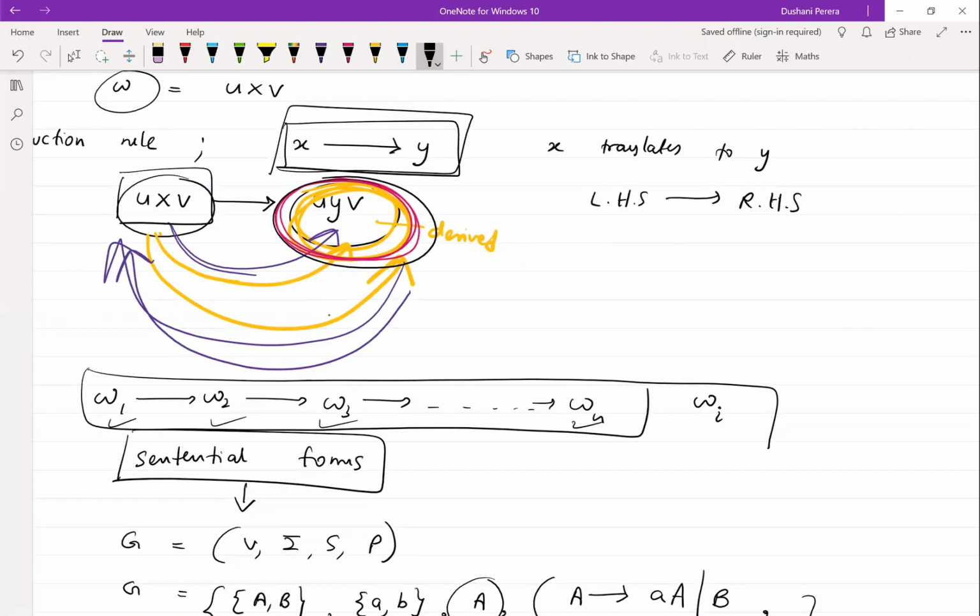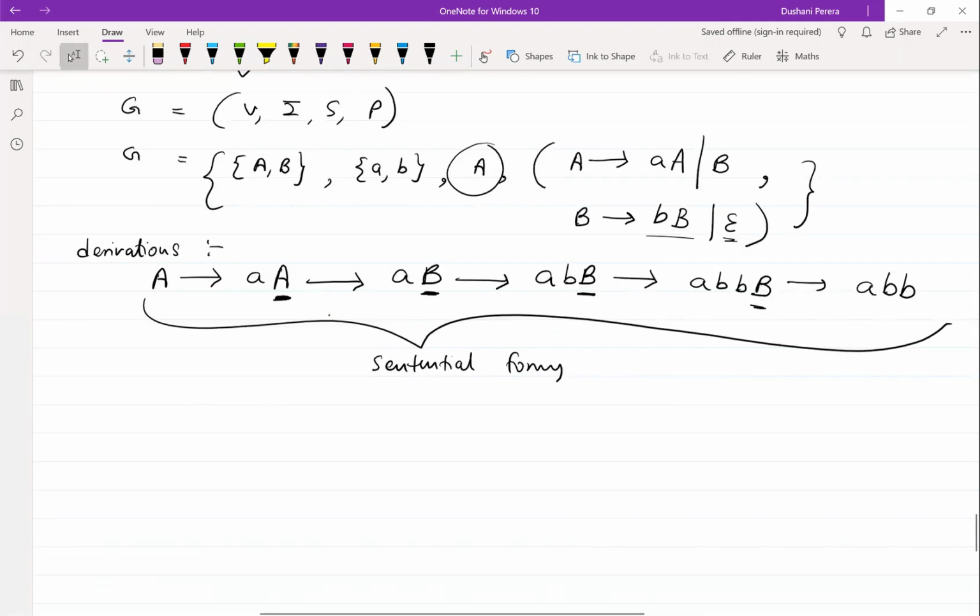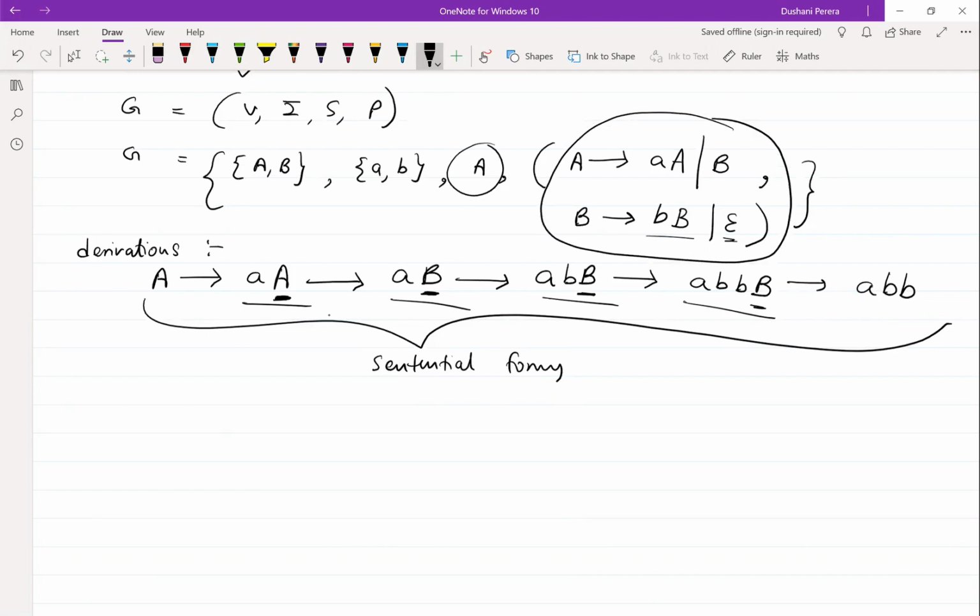Now here we have no trouble, because in all of these derivations there was only one non-terminal. We got only one variable. Because of that, we didn't have a choice of which non-terminal to choose when we derive the next sentential form.